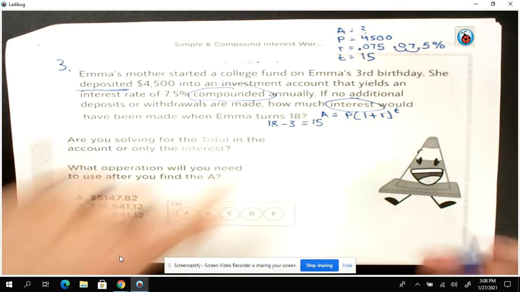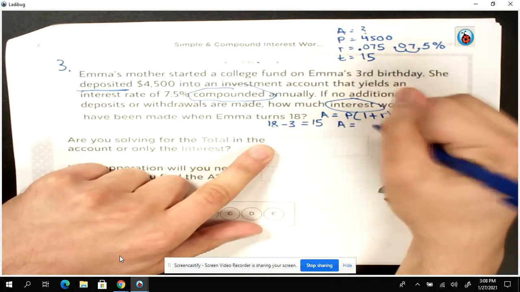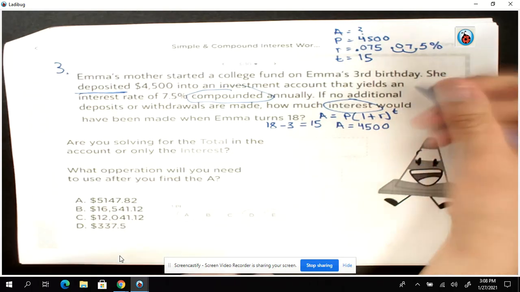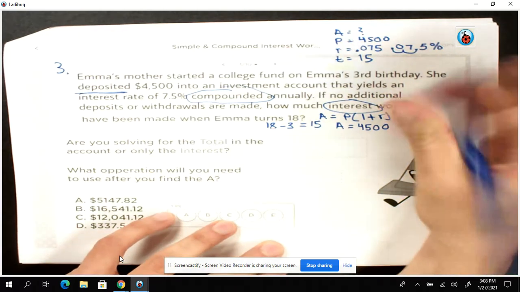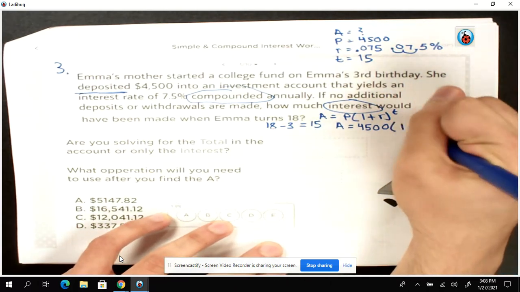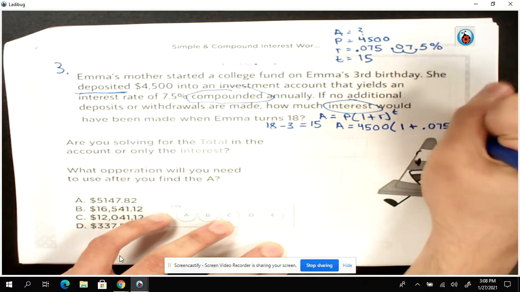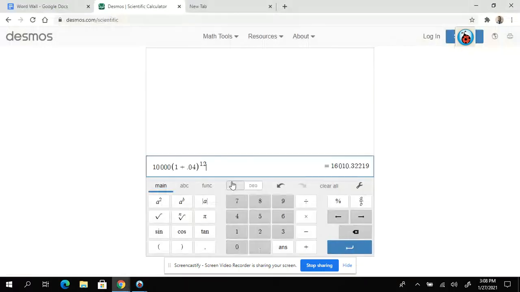All right, now we can fill in for our equation. So A equals 4,500 times 1 plus the rate, which is 0.075, to the power of 15. So let's go to Desmos.